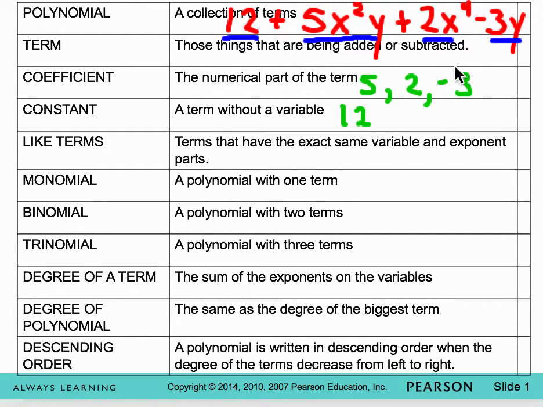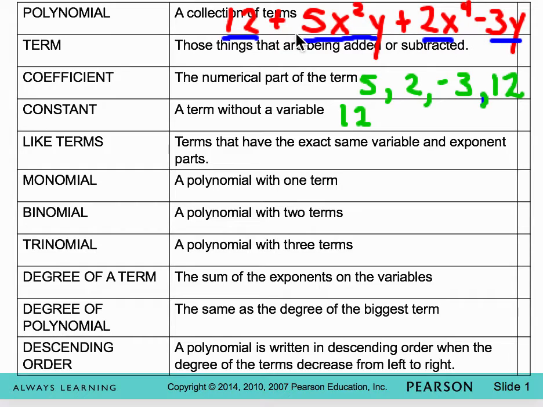Okay, and so the coefficients, oh, we've added another coefficient. It's just that that coefficient can also be called the constant if it doesn't have any variables with it.